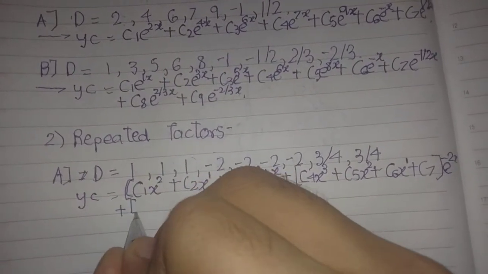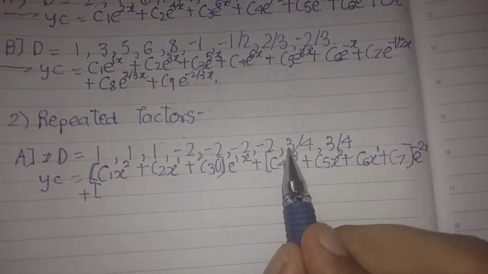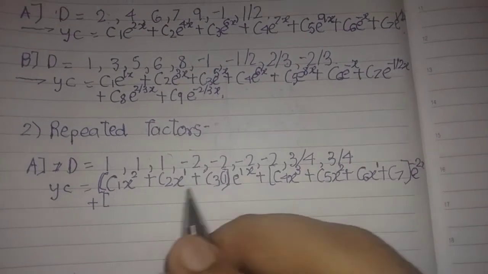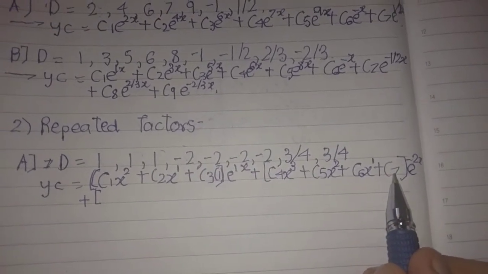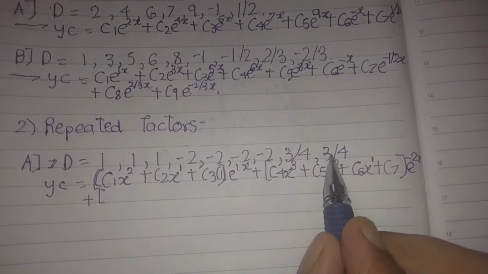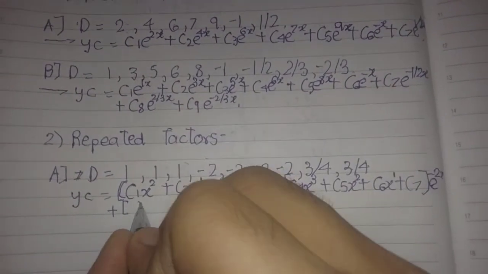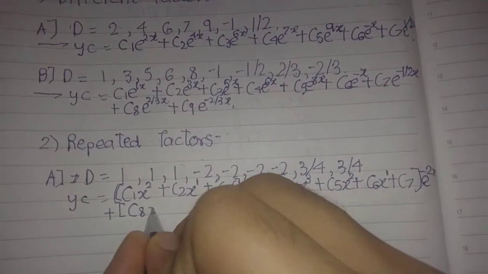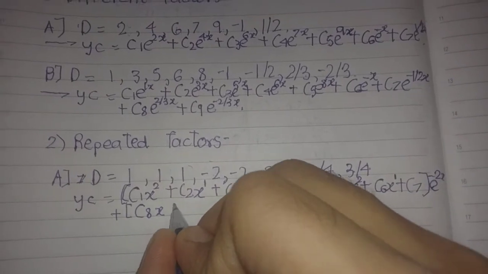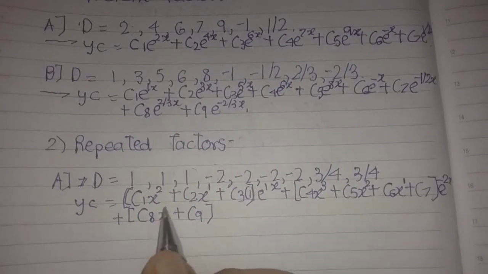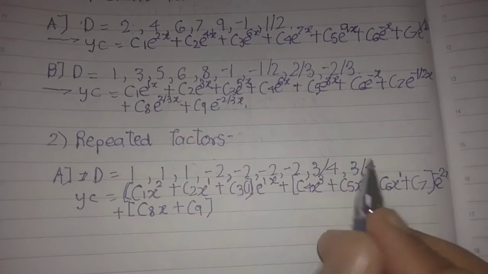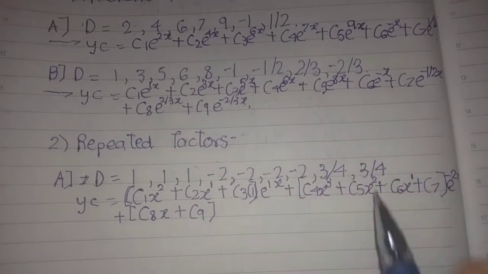Plus, again, 3 by 4 here is repeated 2 times. As the last number we have written is C7, this is the 8th term and this is the 9th term. So C8x plus C9. And what is the maximum number of times 3 by 4 is repeated?